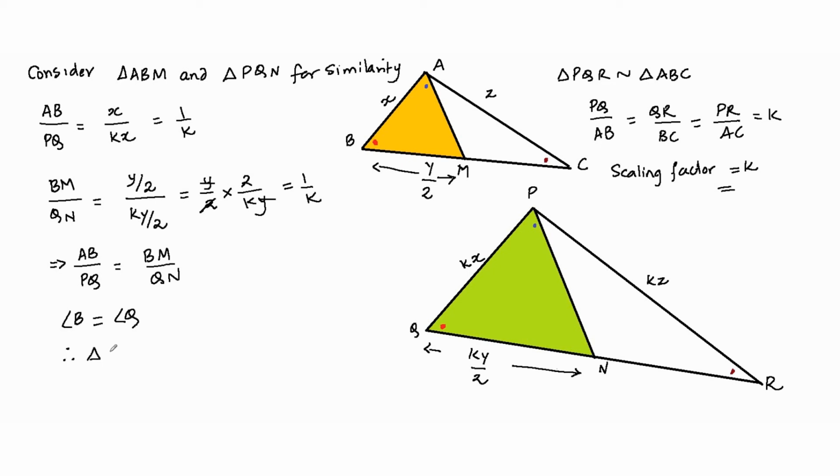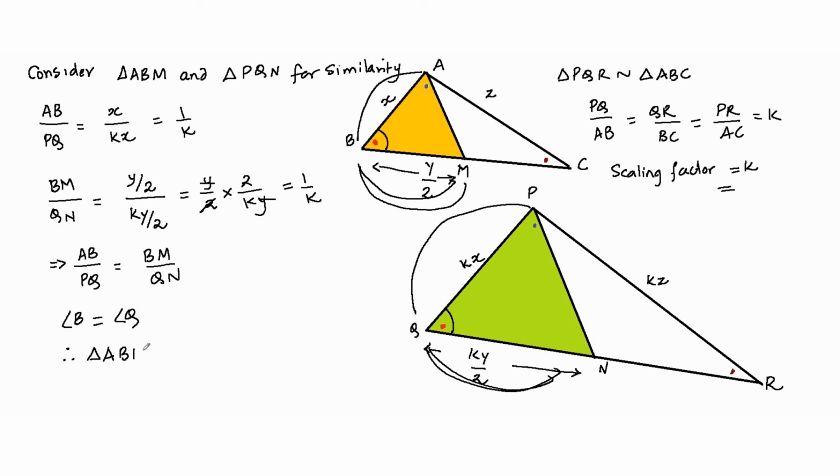Therefore, the two triangles are similar by the SAS test, because these two sides are in the same ratio as the sides BM and QN, and the included angles are equal, right? By the SAS test, if two sides are in the same ratio and the included angle is equal, then the two triangles are similar.